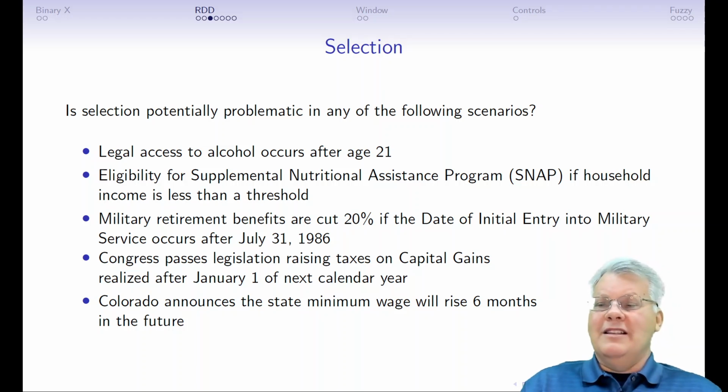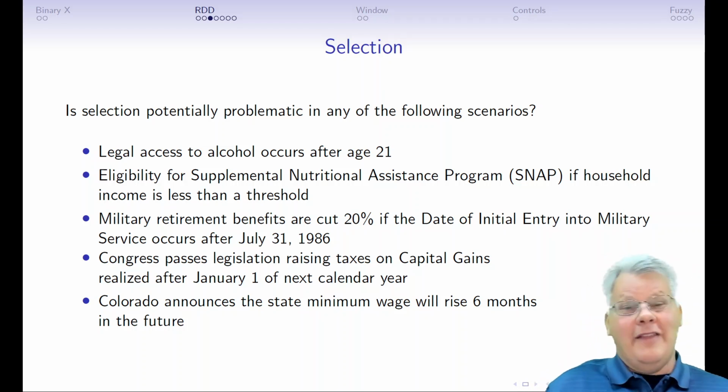So treatment is legal access to alcohol. Legal access to alcohol occurs when you turn 21 years old, and there's nothing that you can do to accelerate your 21st birthday or delay it, right? You turn 21 when God intends for you to turn 21, and that's the end of the story.